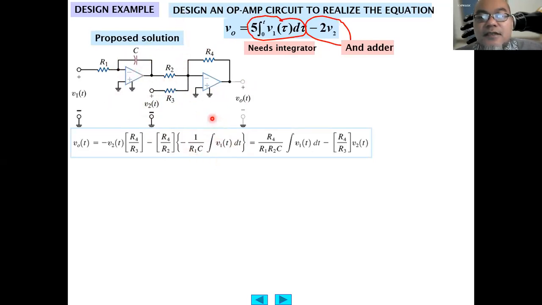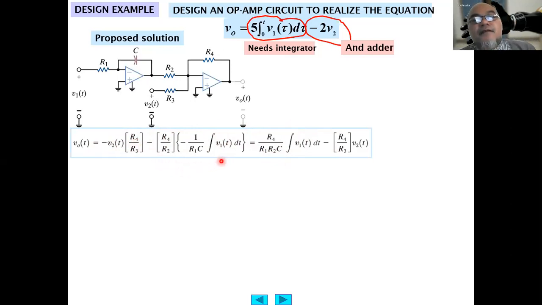This is from the integrator formula that we derived in the earlier slide. So together this equals R4 over R1 R2 C integral V1 dt, minus R4 over R3 V2.